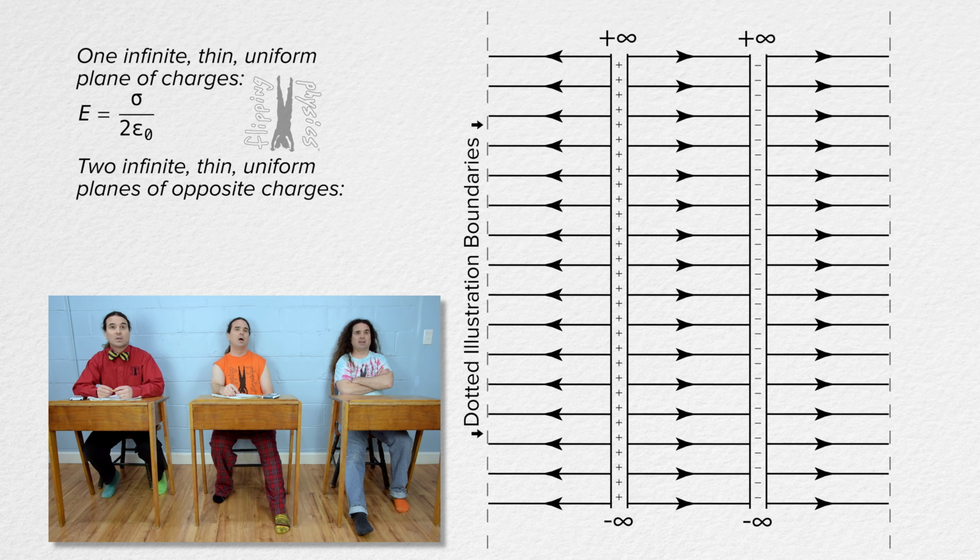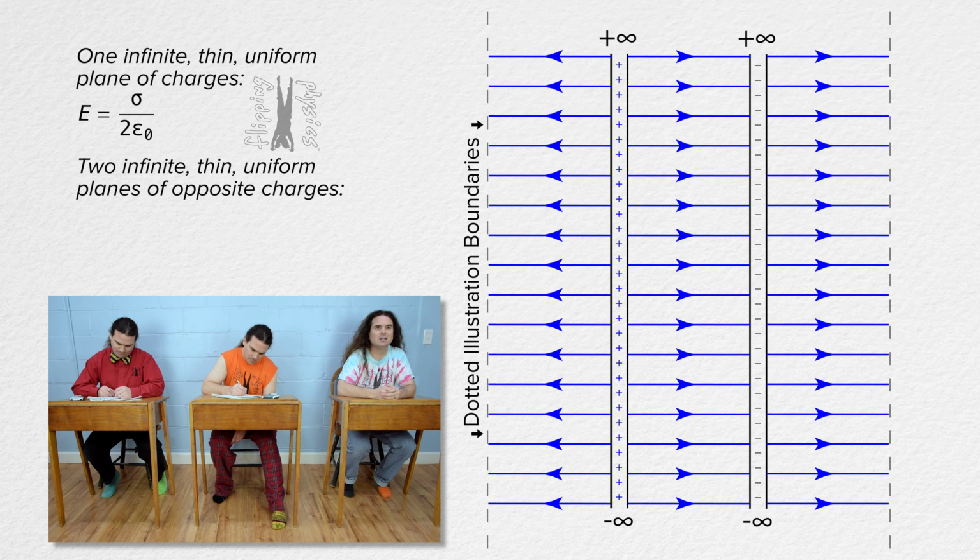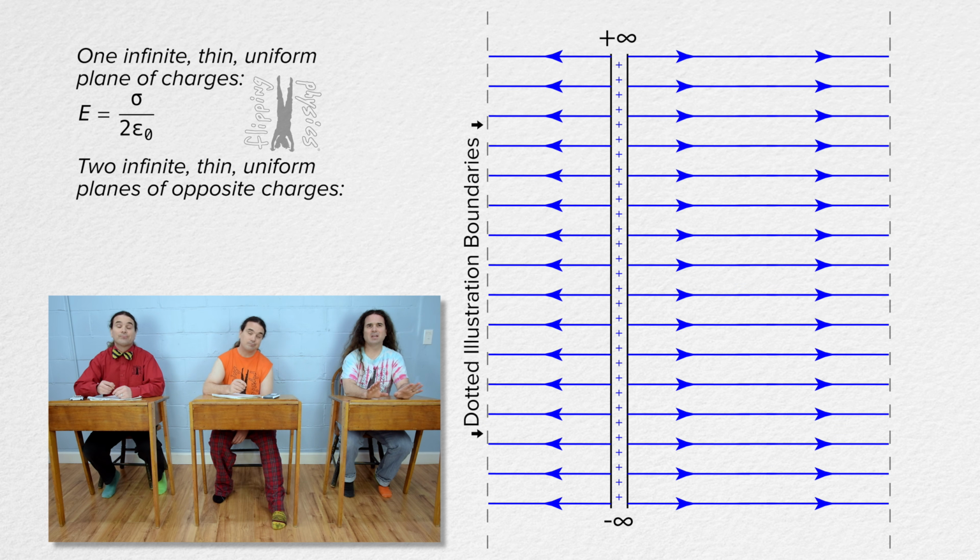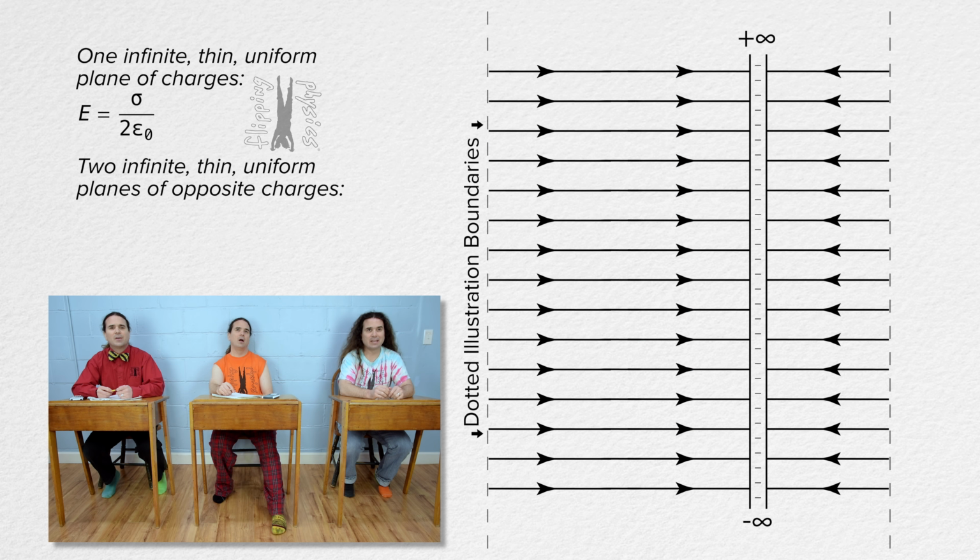Before we add the electric field from the equal magnitude negatively charged plane, let's make the electric field from the positively charged plane blue. Actually, let's remove the negatively charged plane for a moment so we can visualize what the electric field fully looks like from just the positively charged plane. Now let's switch to just the negatively charged plane.